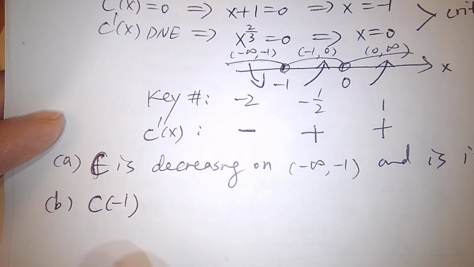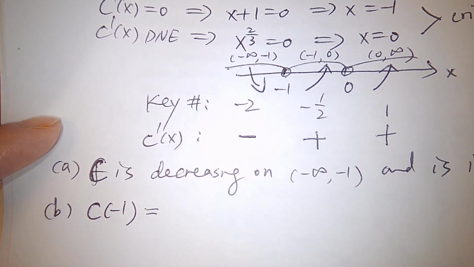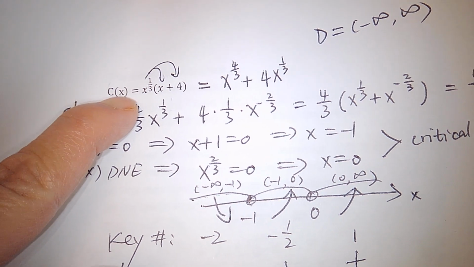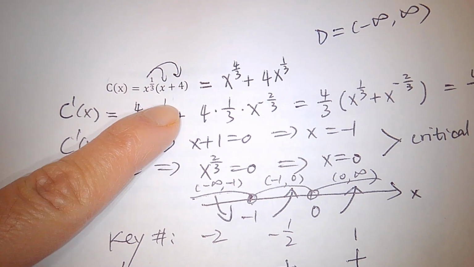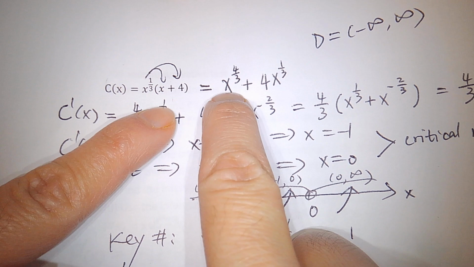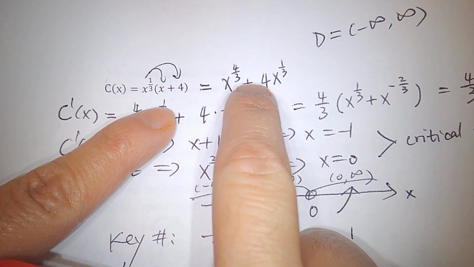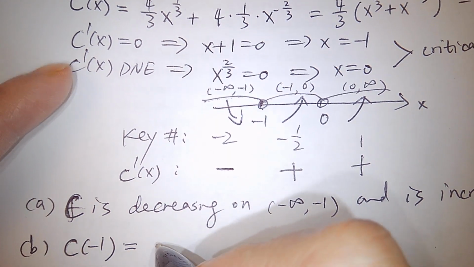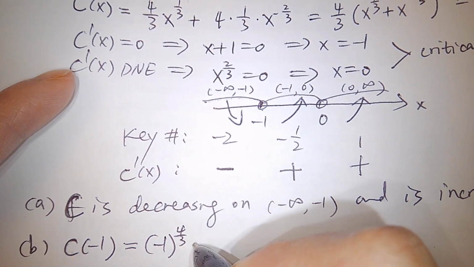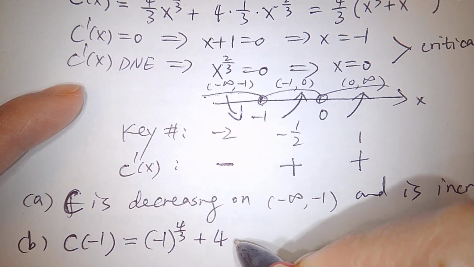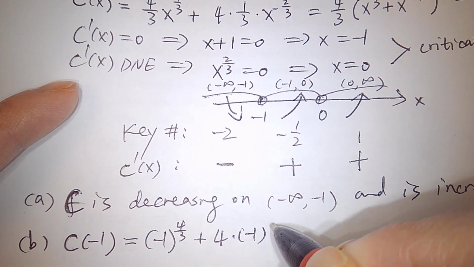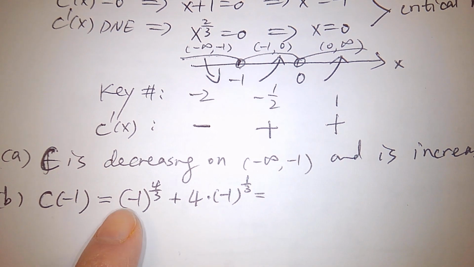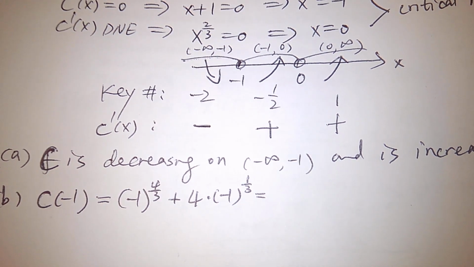Let's plug C of negative 1 into the original function, okay? So negative 1 to the 4/3 plus 4 times negative 1 to the 1/3, and see what we get.